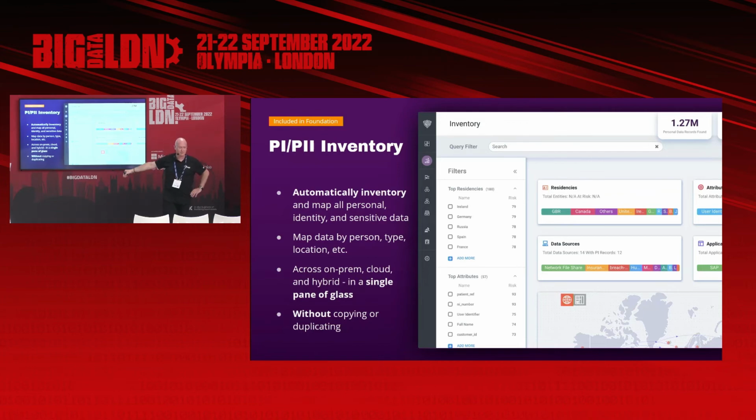What are the data sources? Are they network file shares? Are they structured data? Are they unstructured data or something else? All different types, which goes back to connections of places data can live. What applications are we using? But importantly, what are the actual attributes of information we're getting back? So for example, if we're processing data about customers, then maybe attributes are things like emails, names and addresses, phone numbers, those types of things.